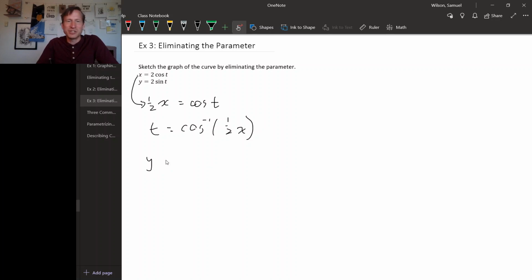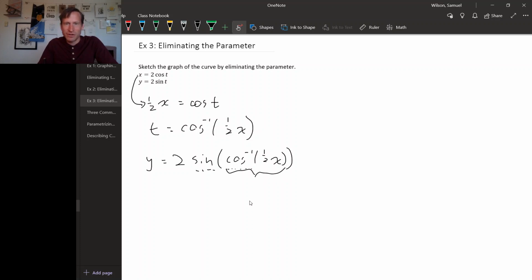Then in the second equation, y equals 2 sine t, but t is inverse cosine of 1/2 x. Now we have this combination of a trig function with an inverse trig function inside of it. Remember, in this kind of situation, we can often do some simplifying just by drawing a diagram.